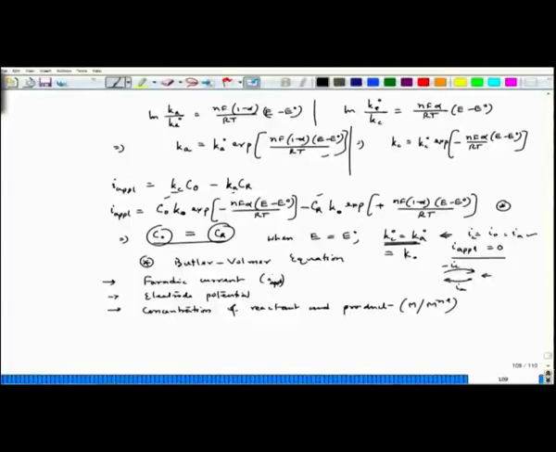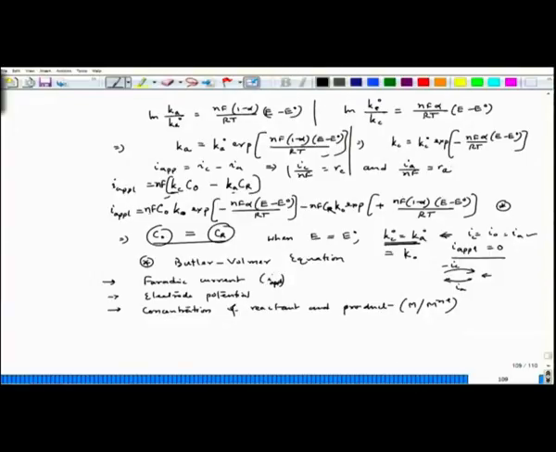Since I applied is equal to Ic minus Ia, with this we need to multiply Nf, and here also Nf is to be multiplied, since Ic by Nf equal to Rc and Ia by Nf equal to Ra.